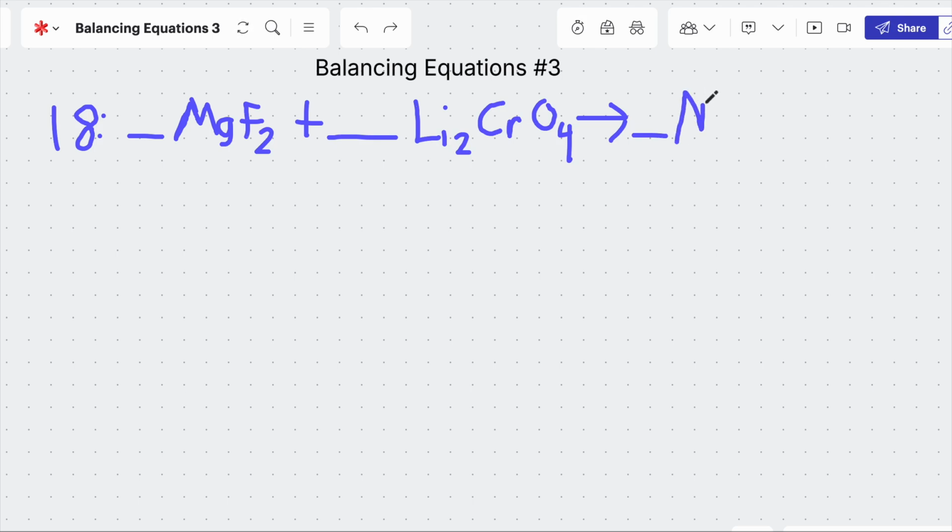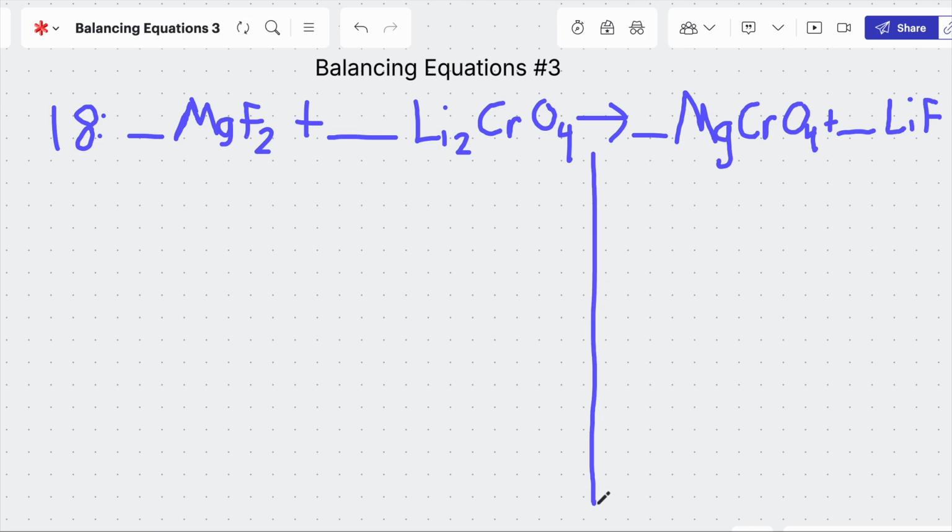Okay. MgCrO4 plus blank. What do we got? LiF. Okay. So put in that line.